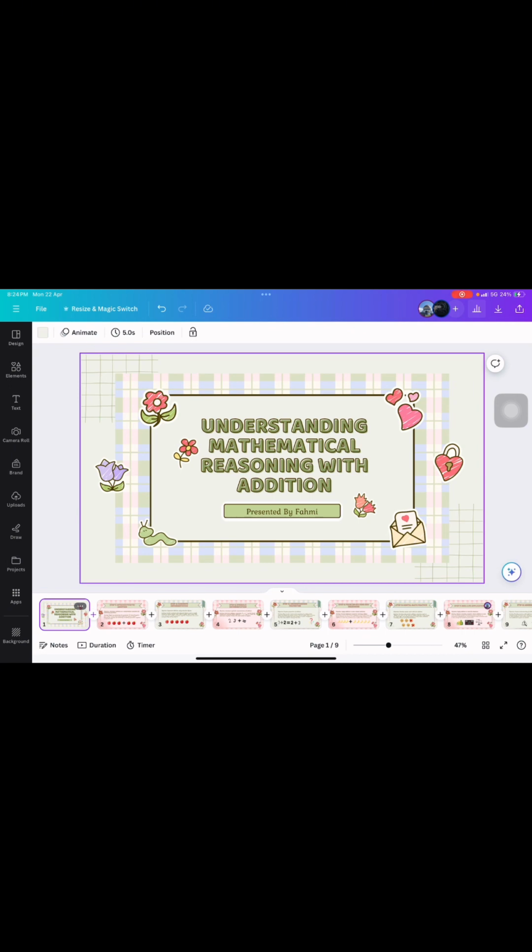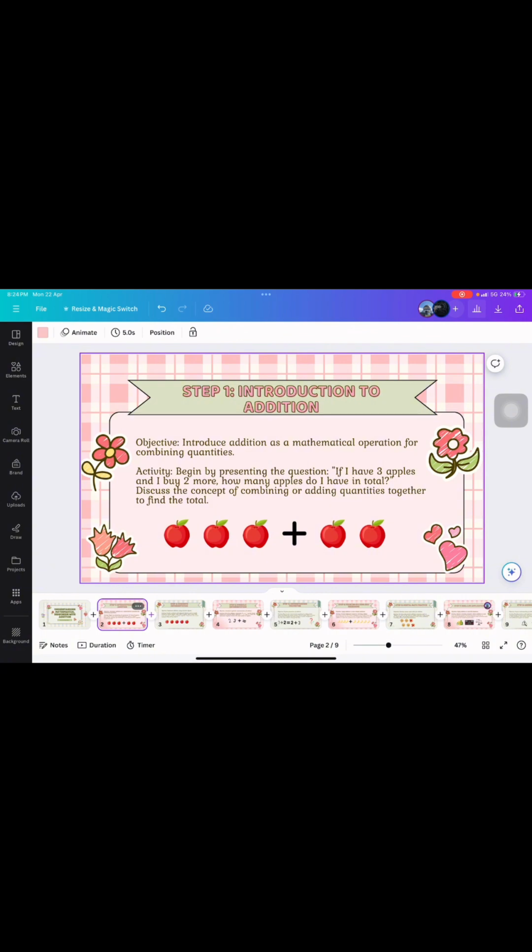There are 7 steps in understanding mathematical reasoning with addition. Step one is introduction to addition. The objective of the first step is to introduce addition as a mathematical operation for combining quantities.